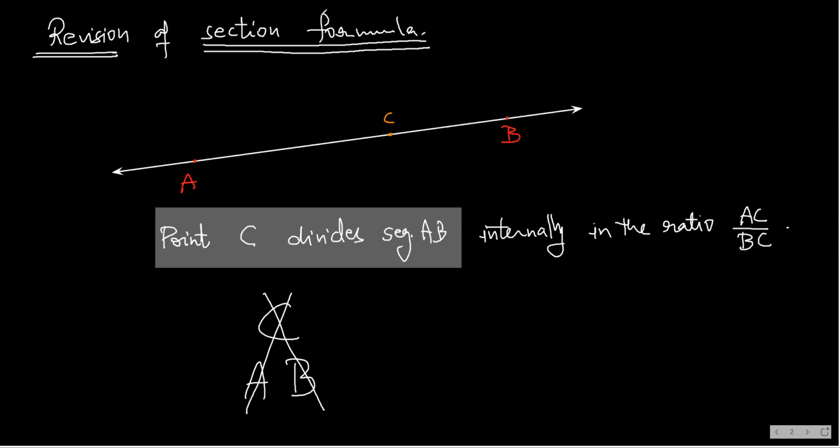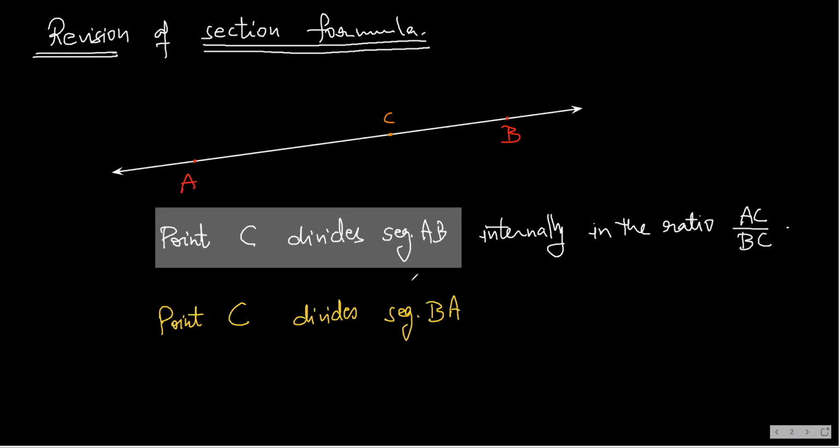Now for your understanding, suppose somebody writes, for the same diagram, point C divides segment BA. Why not? If C is in between AB, you say C dividing AB, so why can't you say C dividing BA? You can definitely say. So if somebody says point C divides segment BA internally in the ratio, then what would the ratio be?